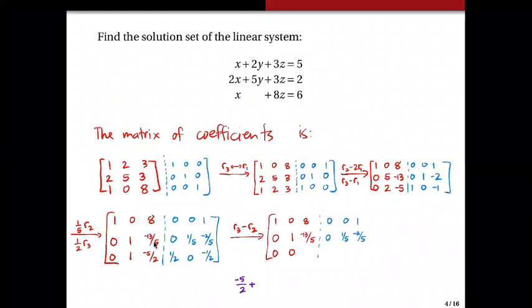So it becomes plus 13 over 5. So if we continue with the calculation, LCD, it's 10. So this is negative 25. And then here you have plus 26. So this is just 1 over 10. So this guy here, it's 1 over 10.